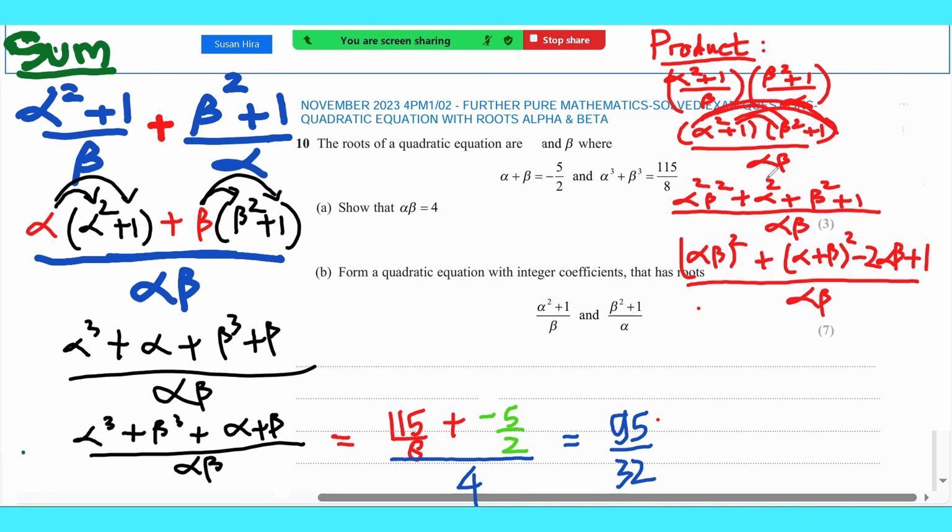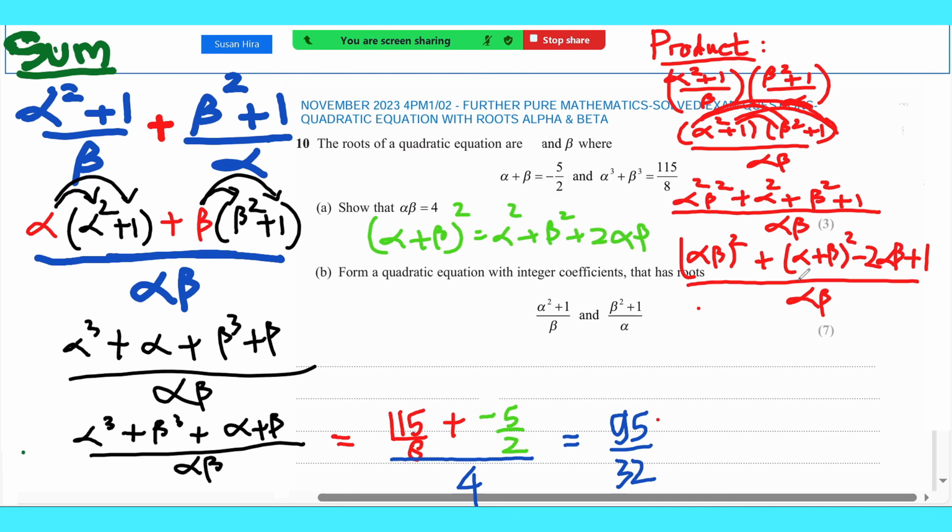For your information, how do we change this alpha square plus beta square to this form? We have to remember the algebraic identity. The expansion of alpha plus beta square is alpha square plus beta square plus 2 alpha beta.